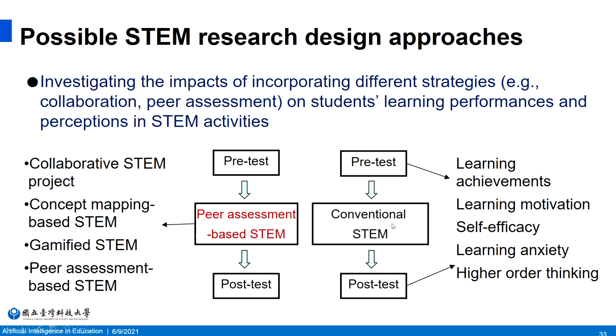And for the control group, they learn with conventional STEM. Similarly, in addition to measuring student learning achievement, we can also measure their learning motivation, self-efficacy, learning anxiety, or other higher-order thinking performances in the pre-test and post-test.